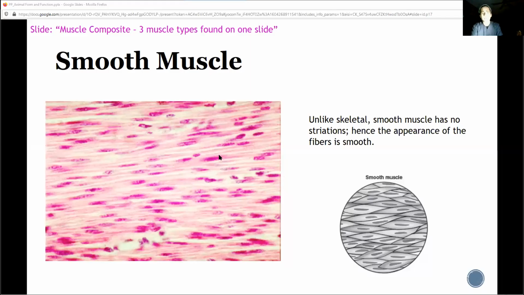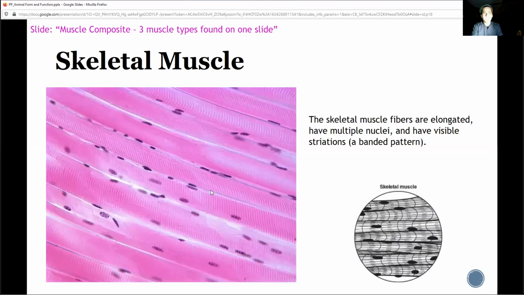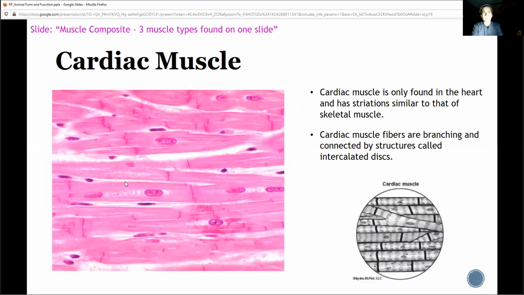Sorry for changing graphics, telling scary stories about biology now. Anyways, so we're talking about smooth muscle. So here's a picture of our older specimens of that, a picture of the older specimen of skeletal muscle, and a picture of our older specimen of cardiac muscle.